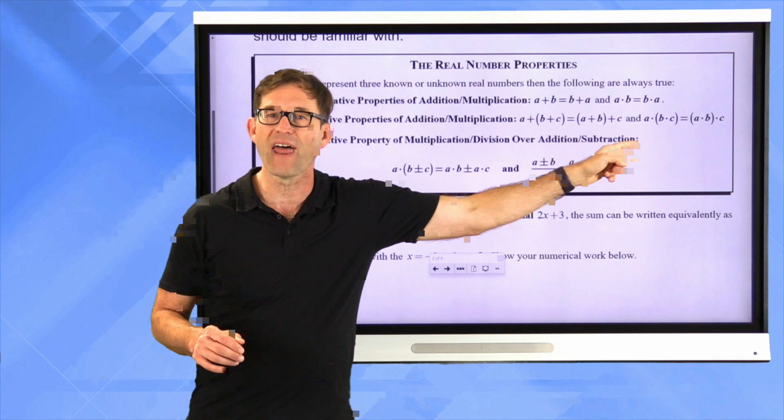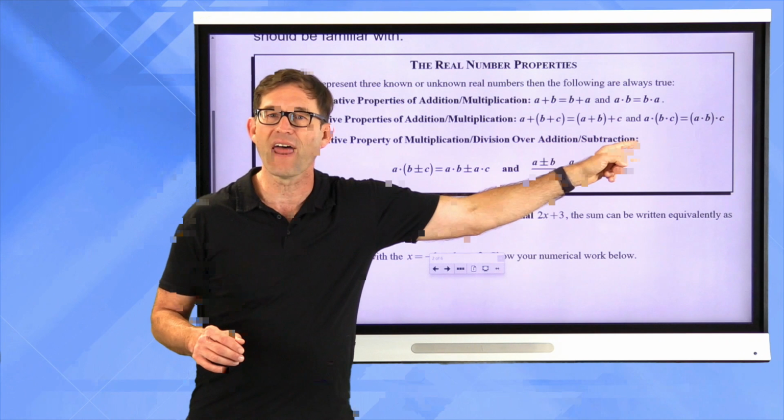First things first, I'm going to put down this expression. Now, according to order of operations, that 3x plus 7 should be evaluated first, and then the 2x plus 3 second, and then I should be adding them together.